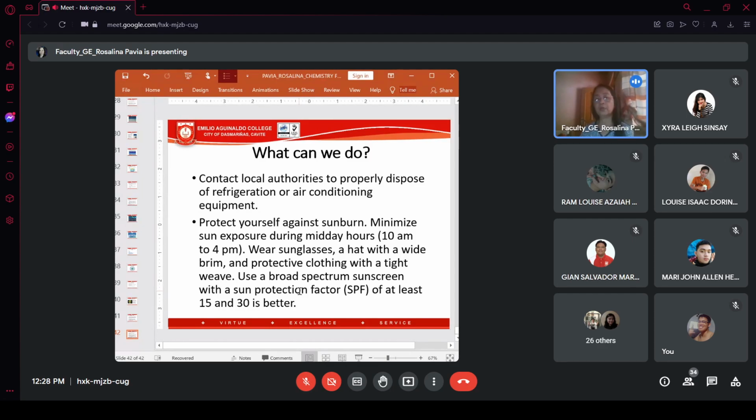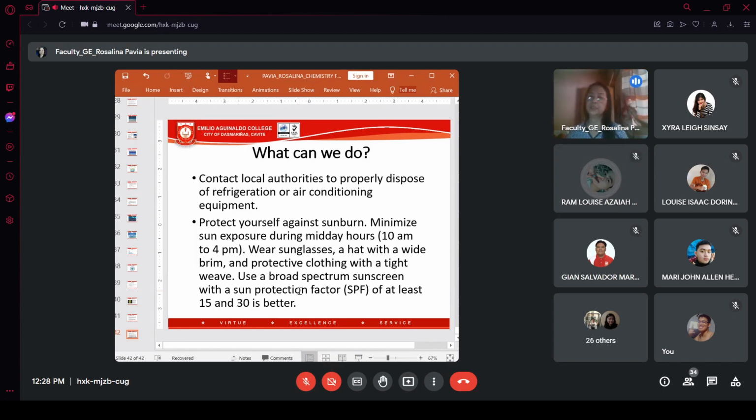Now, I'm going to ask you, can you still remember the component of sunscreen that we took up when we were taking up nanomaterials? Ano na yung component na nanoparticle in the size of a nanoparticle? Can you remember? SPF 13, ma'am.